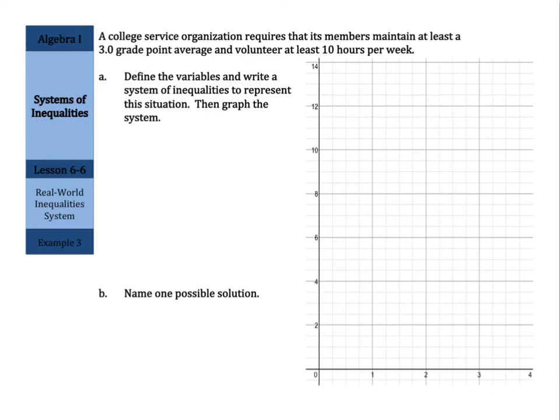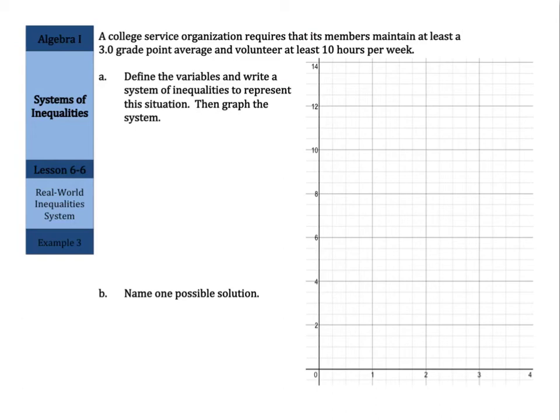A college service organization requires that its members maintain at least a 3.0 grade point average and volunteer at least 10 hours per week. So in Part A, define the variables and write a system of inequalities to represent the situation. Then graph the system, and once we're done with that, we'll name one possible solution.